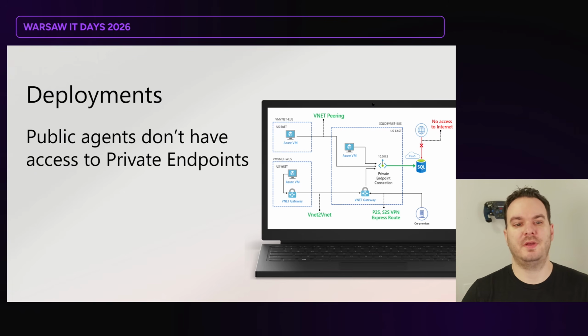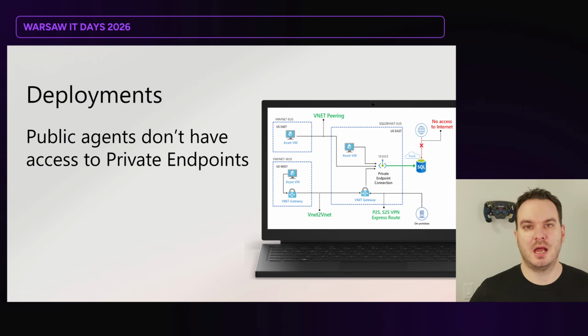One challenge we are facing when we have private endpoints is how can we do the deployment? If you're using Azure DevOps and a Microsoft hosted agent or GitHub or any other tool, then the public agents can't connect to the private endpoint because they are hosted somewhere on the internet. And as we just disabled the public access over the internet, the connection won't work.